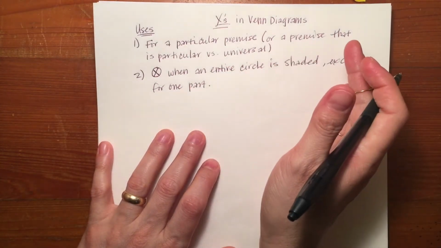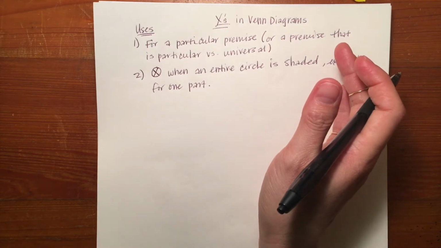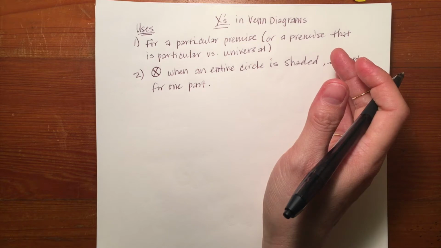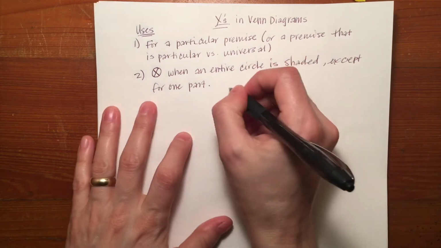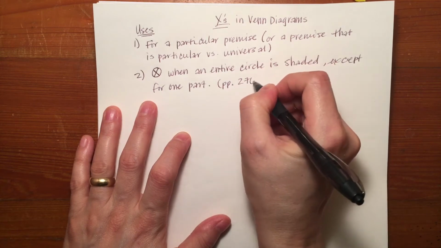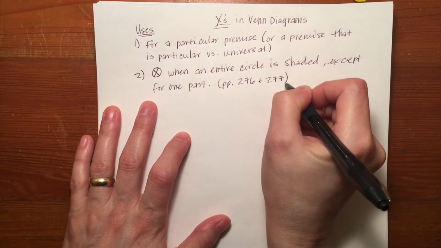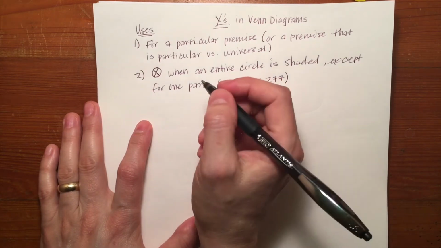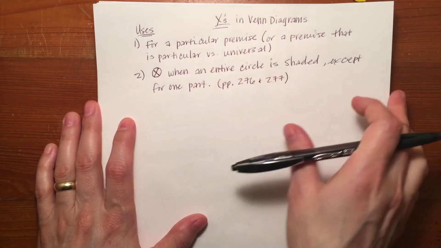Usually that designates an Aristotelian Venn diagram, and you can see the explanation for the circled X on pages 276 and 277 in your textbook. What they show is an example about reptiles and scaly animals.